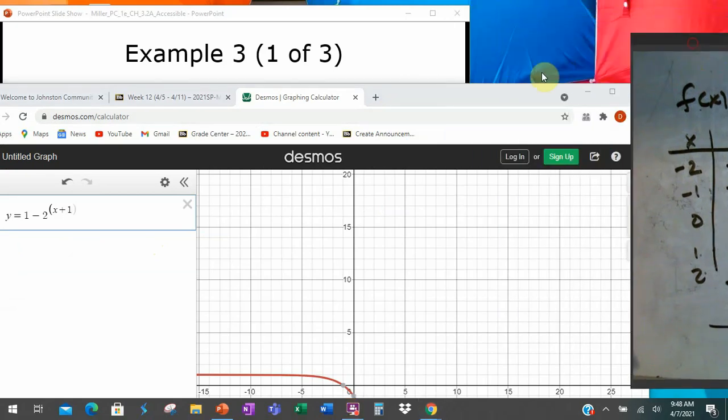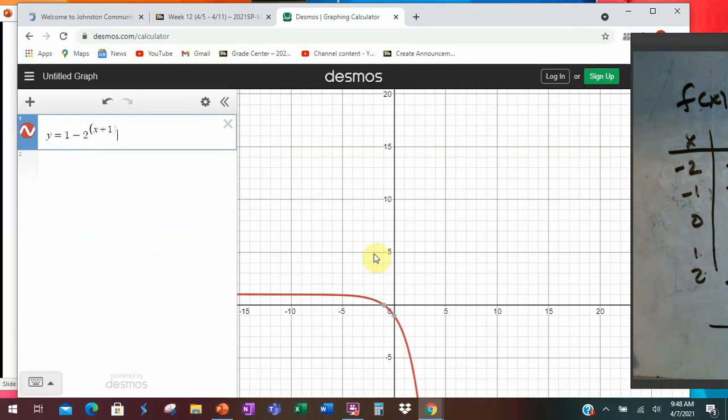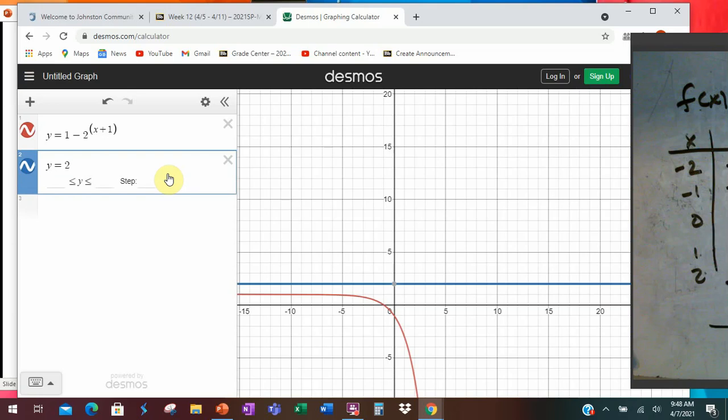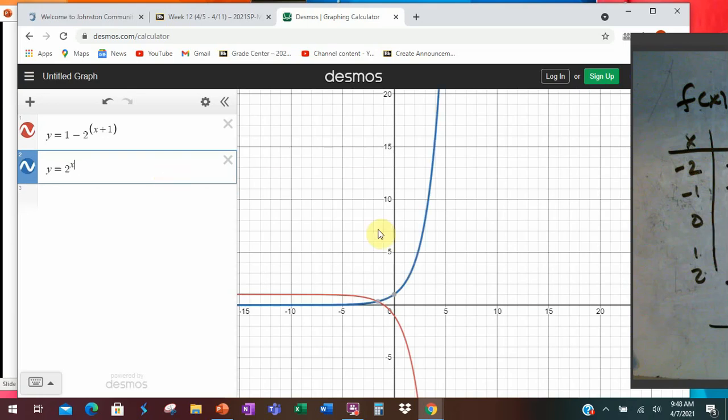Slide this over, come up over here, and I'm going to do this. Y is equal to 2 to the x.